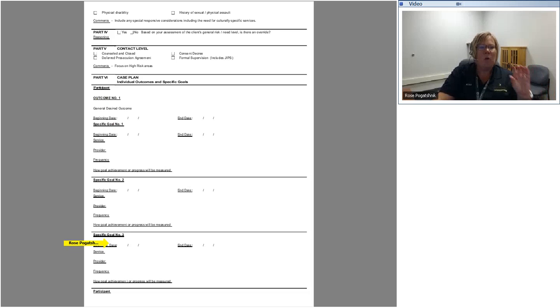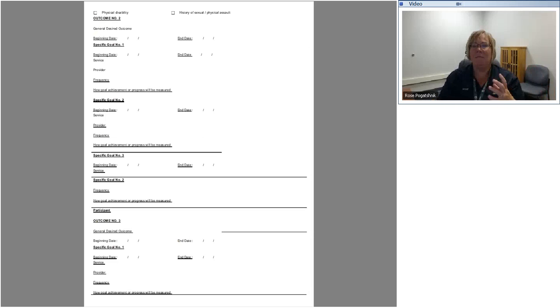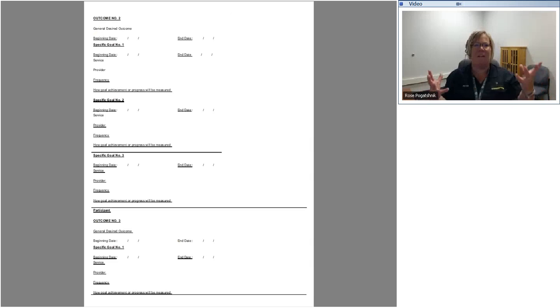And so we break it down into tiny steps. So yes, our outcome is getting that GED, but we need to break it down into steps to make it more palatable. Students or kids are going to be much more willing, even adults. We do the same thing for adults. So the outcome might be to get you sober. But again, for someone that's deep in their addiction, that's really overwhelming.